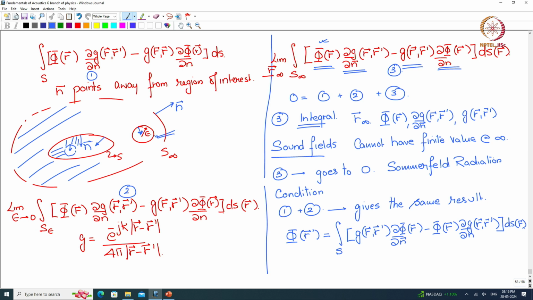So this is the same form as the interior. So this is the exterior Kirchhoff Helmholtz integral equation.